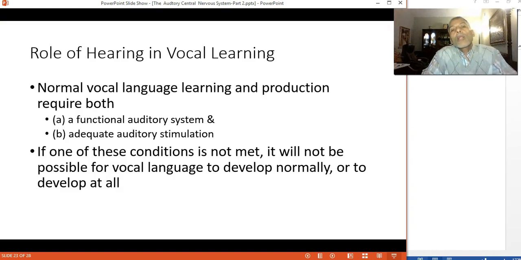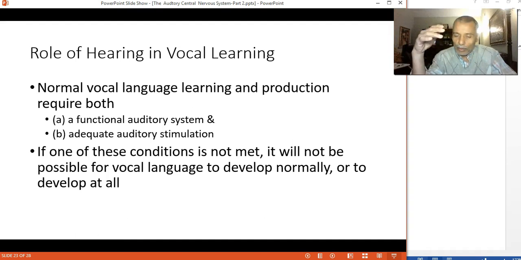So normal vocal learning and normal vocal production requires two things. Number one, a functional auditory system, that the system has to be functioning adequately from the beginning to the very end. And number two, adequate auditory stimulation.